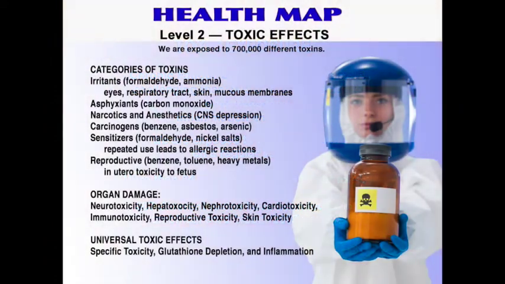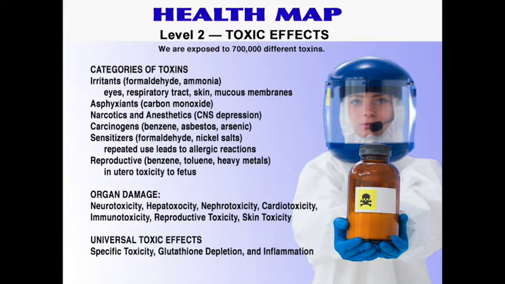The main 6 categories of non-pharmaceutical toxins are: 1. Irritants, such as formaldehyde and ammonia, and these burn or irritate the eyes, respiratory tract, skin, and mucous membranes. 2. Asphyxiants, like carbon monoxide. These are compounds that prevent the uptake or use of inhaled oxygen. 3.